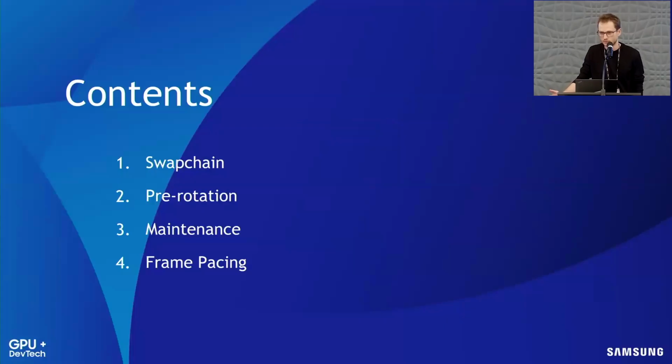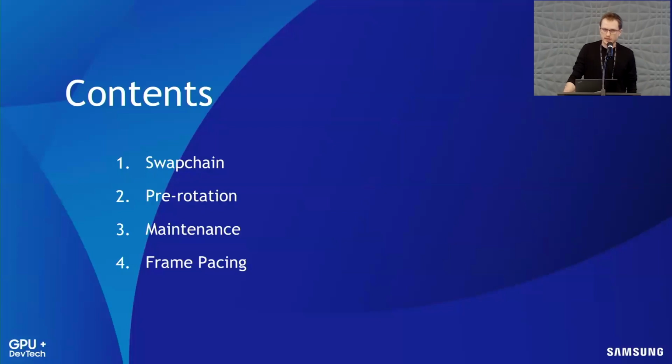So the content, what we'll be talking about today. First of all, Swapchain. We cannot really talk about how to deal with Swapchain without first getting everyone on the same page on what it is. So we'll just get on the same working definition. Then I will briefly talk about pre-rotation, just what it is, why it's needed on mobile devices, and how to deal with it. Also, why no one really does it.